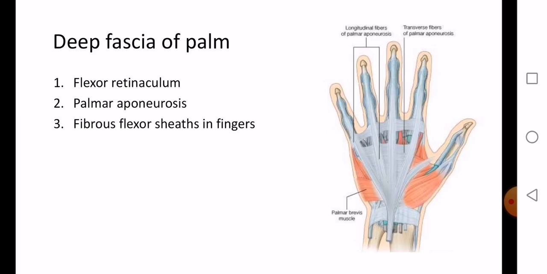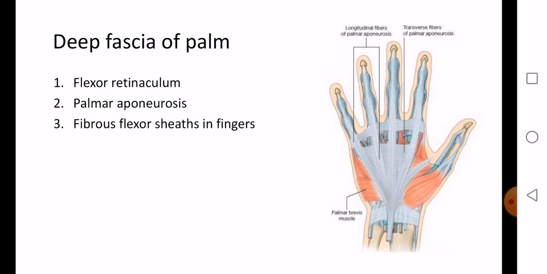Now, before we go to the palmar spaces, we will have a brief look at the deep fascia of the palm. So, you know the skin that is covering the palm. Beneath that, you have the superficial fascia, and beneath that, you have the deep fascia. Now, the deep fascia in the palm has some modifications.